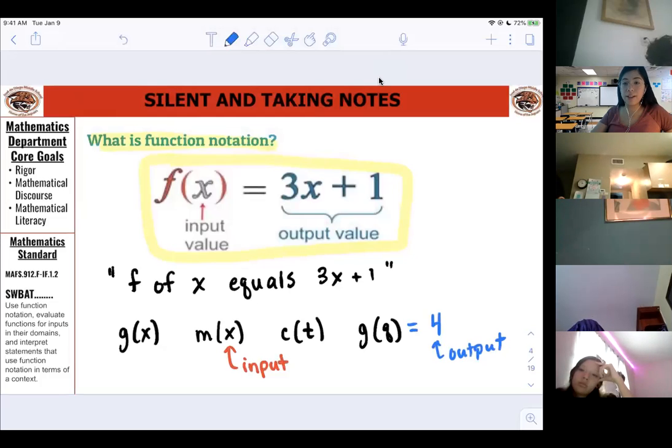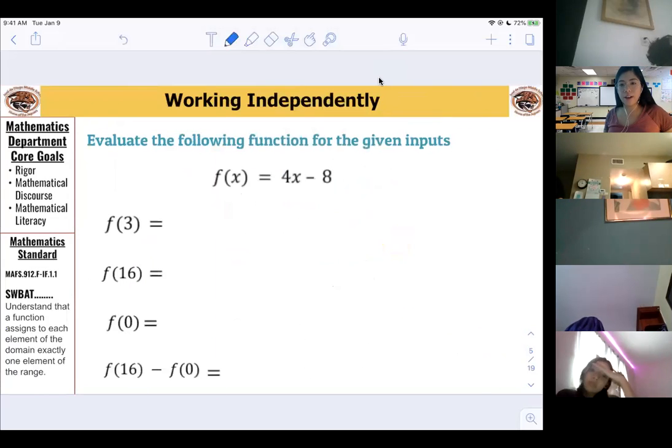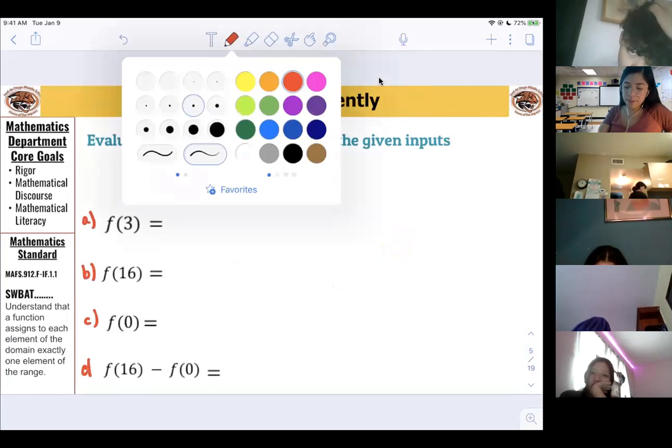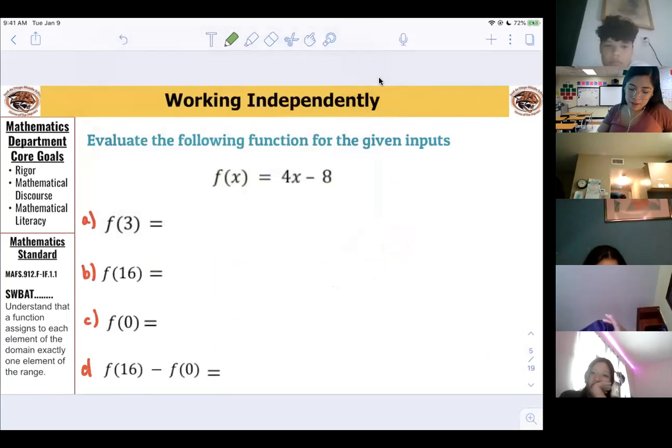So let's look at some concrete examples because it always makes more sense with actual examples. So here's an example of a function. So this is f of x equals 4x minus 8. And it wants us to evaluate this function. So what that means with all of these examples is notice what they did.